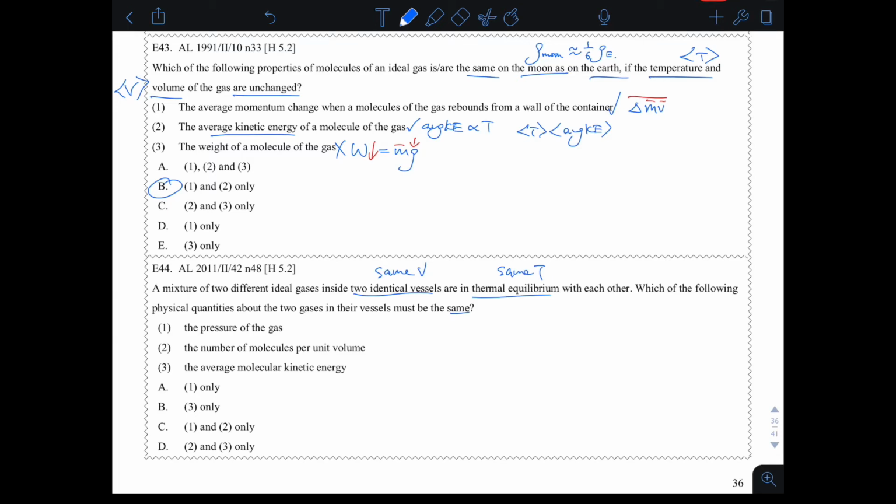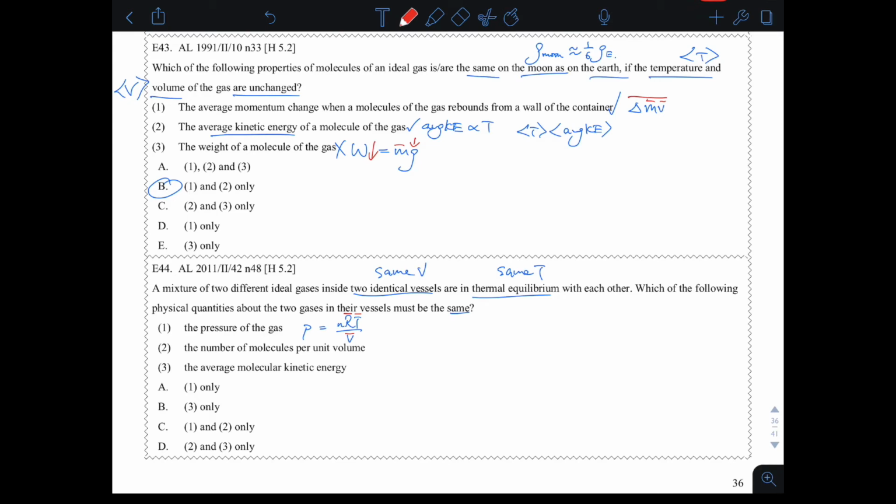Then the pressure. Every time we talk about a specific quantity, we want to know what it depends on, so we arrange P to be nRT over V. We know that R is a constant, T is the same for both, and V is the same for both.